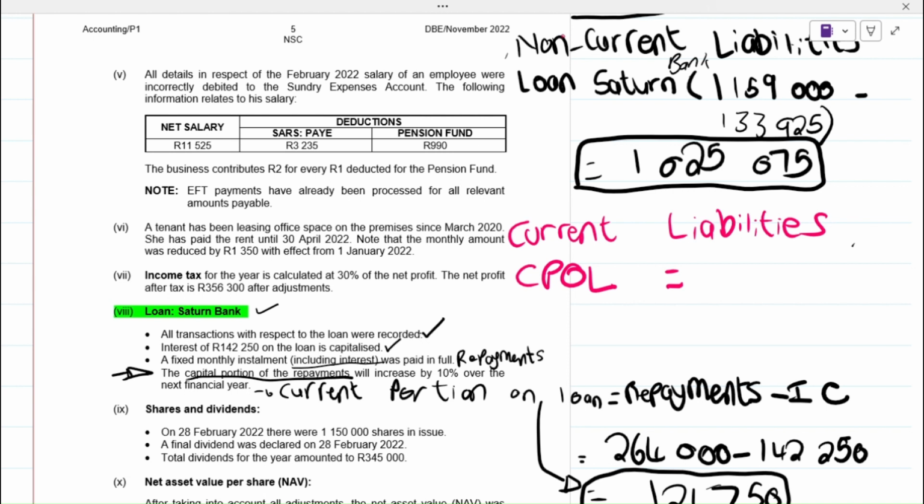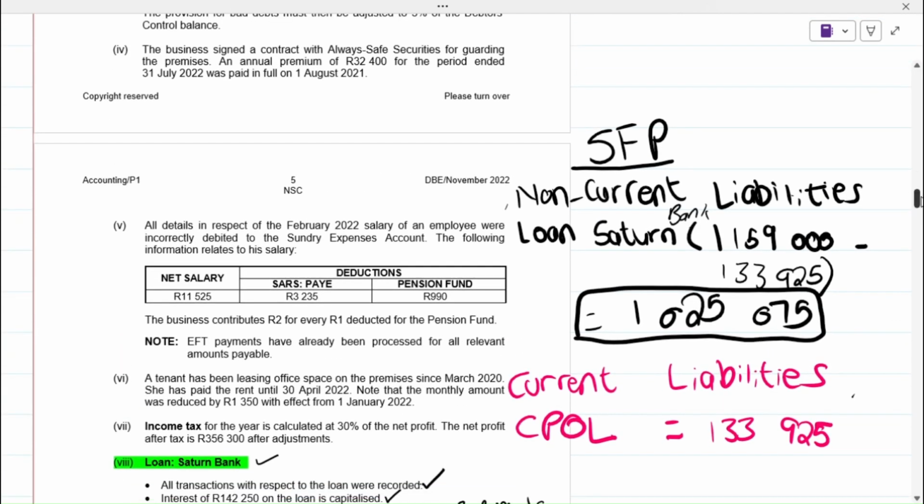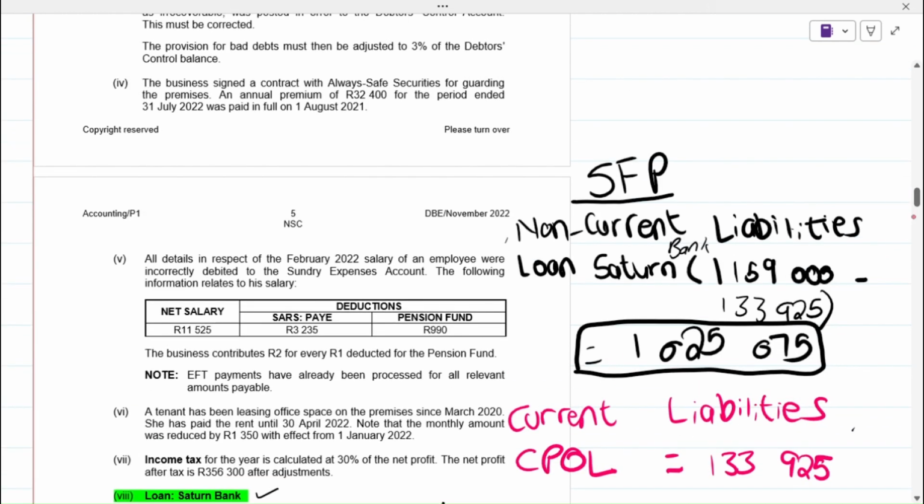So please guys, do not use letters, just write the statement the way it is, the full phrase. We calculated it to be 133,925. So this is how you are supposed to deal with a loan, based on the information that you're given, in a nutshell. So I just want to leave it here.